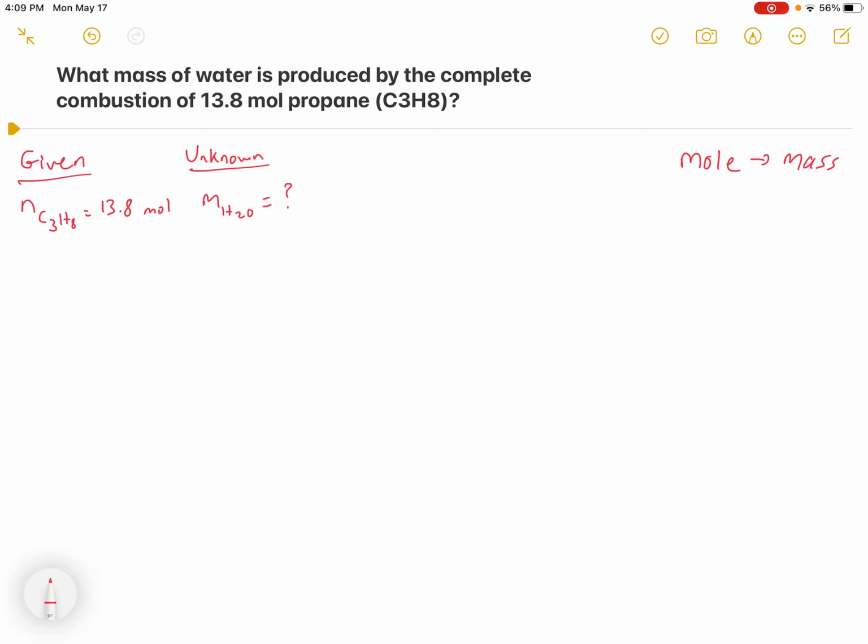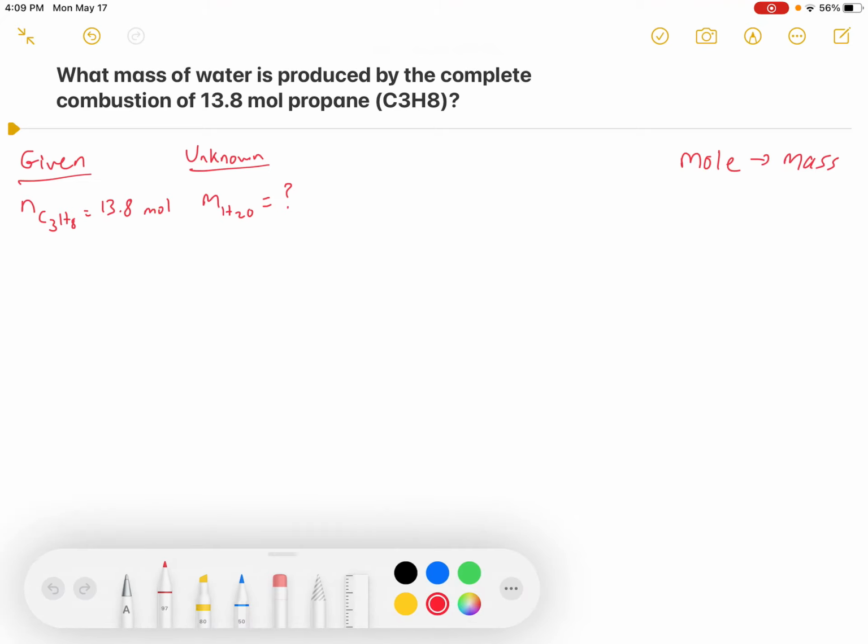Alright, so similar to what we've seen before with the mole to mole stoichiometry, our first step to solving this problem of what mass of water is produced by the complete combustion of 13.8 moles of propane is going to be to write the balanced equation.